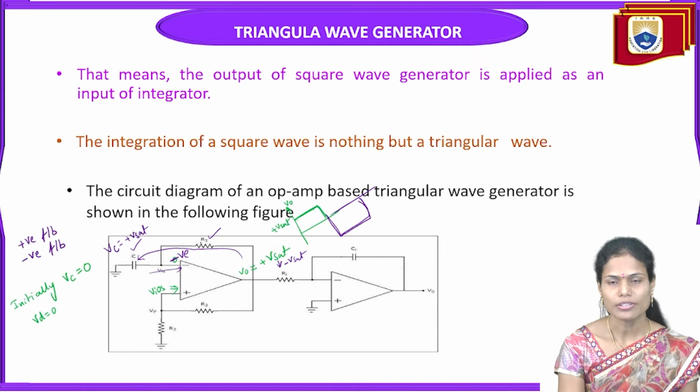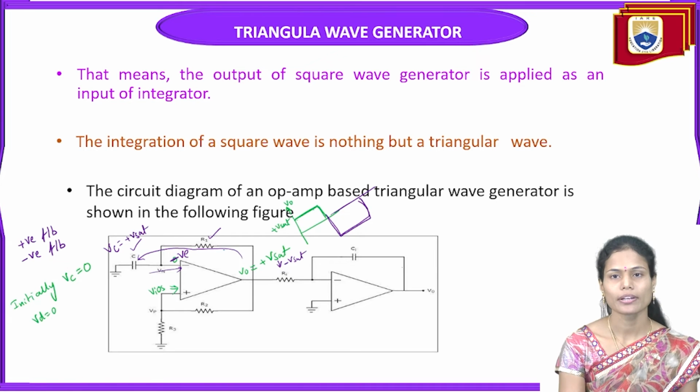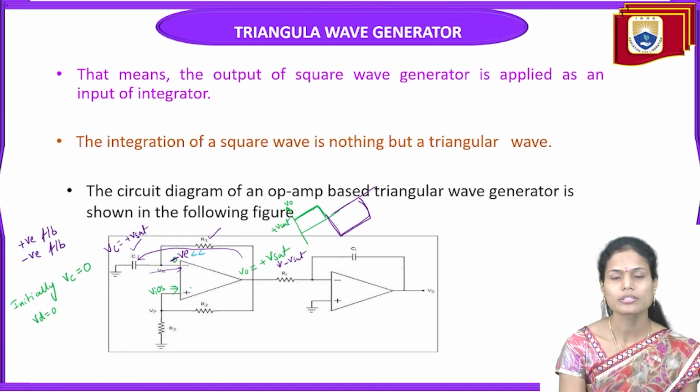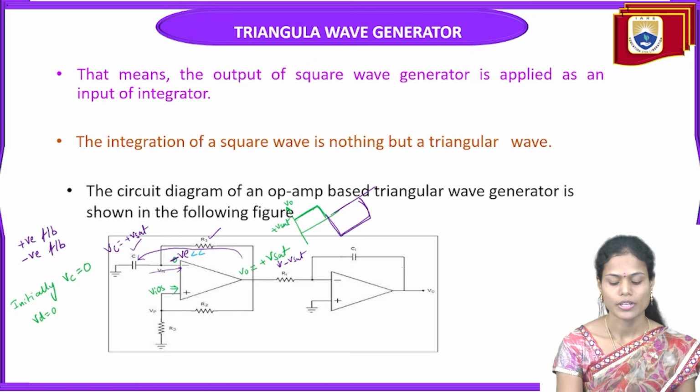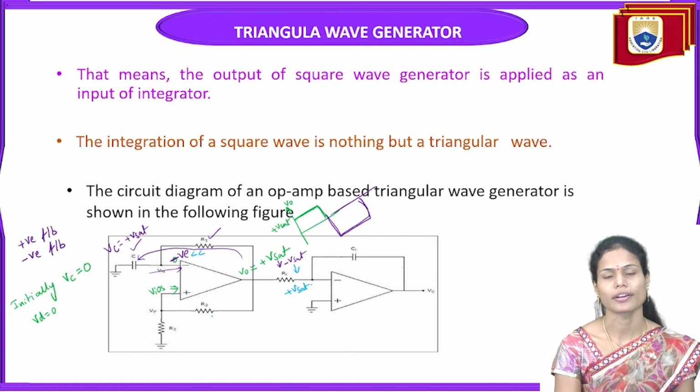Once it discharges, the inverting voltage becomes very small compared to the input offset voltage, so the output again changes to plus Vsat.